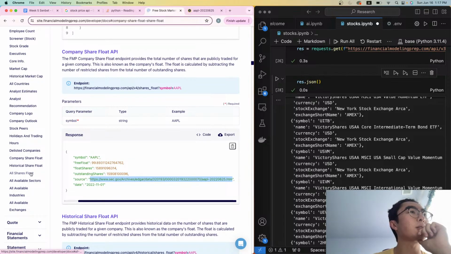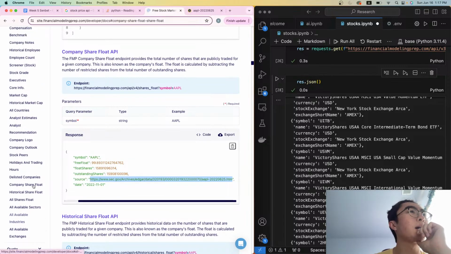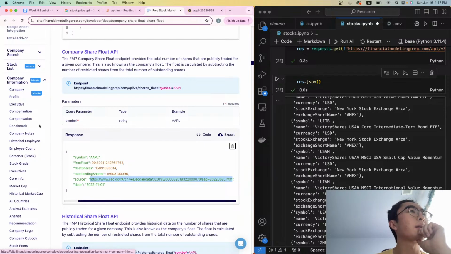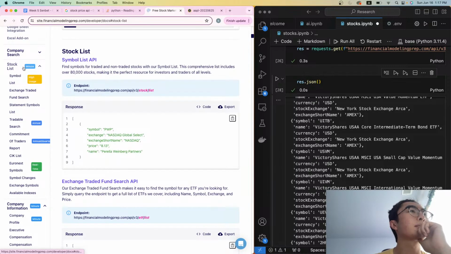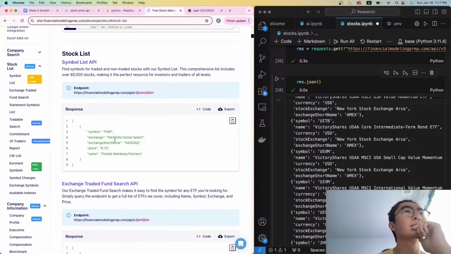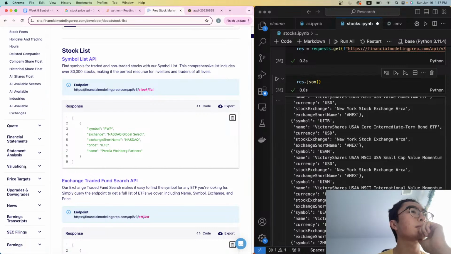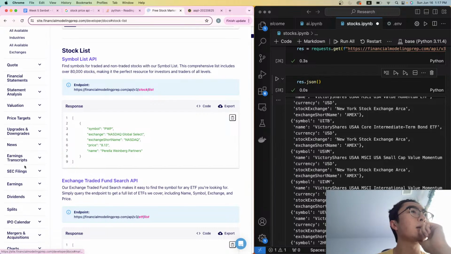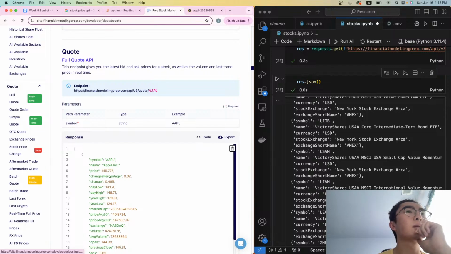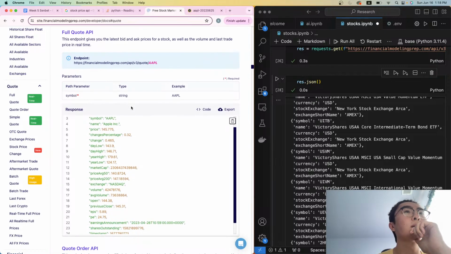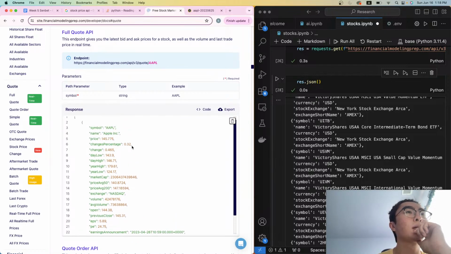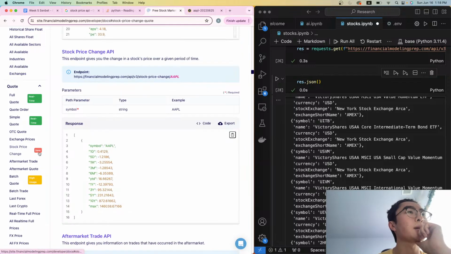Company share float, historical share float, all shares float. Does this give me the price on specific dates? Oh, quote maybe? Stock price change.